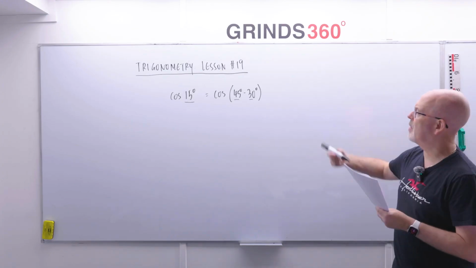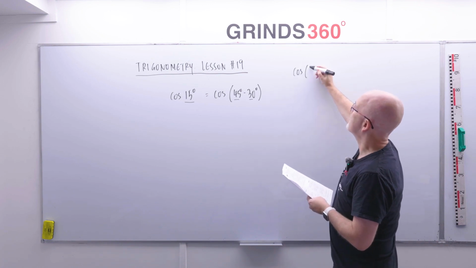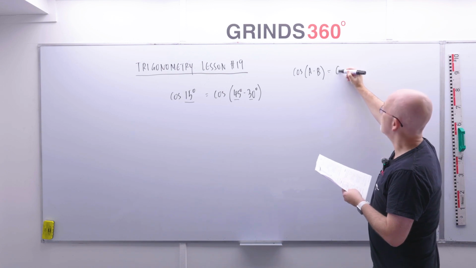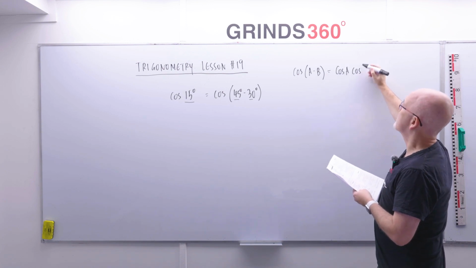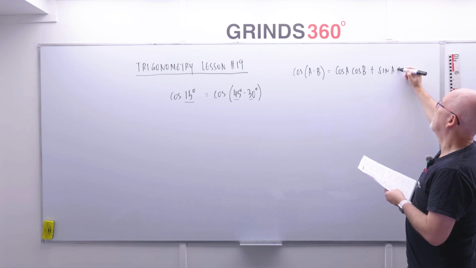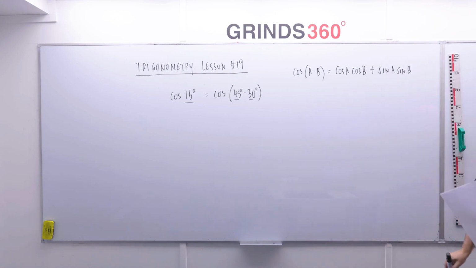I'm not going to write the formula down every time, but you can see cosine A minus B is written this way: cosine A, cosine B, plus sine A, sine B. And that's my formula from the top right-hand corner of page 14.